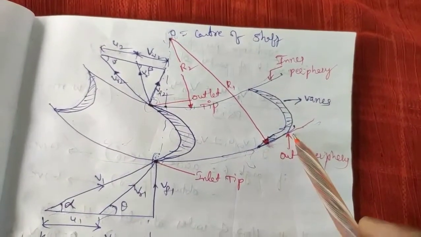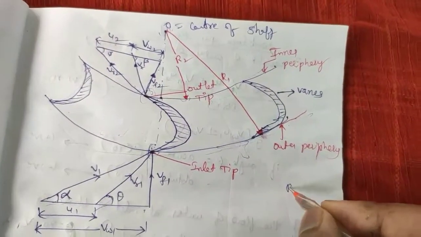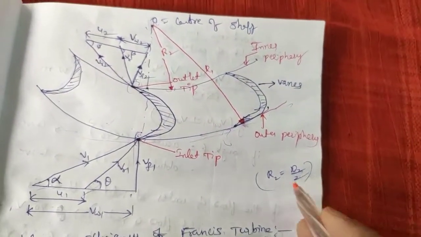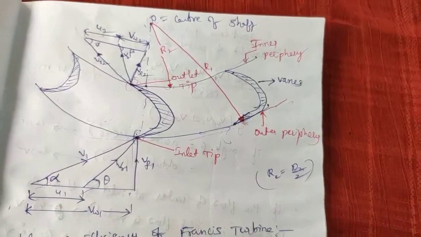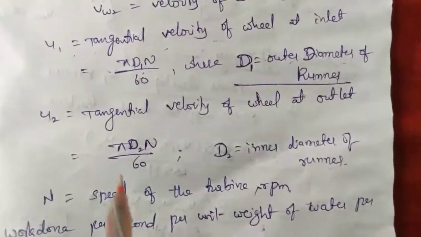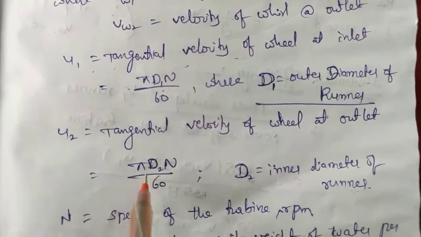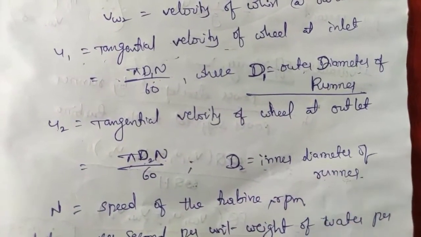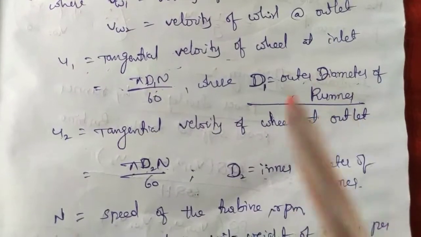So how to calculate the tangential velocity at outlet? R2 equals D2 by 2, half of the diameter gives the radius. In the same way, U2 equals pi D2 N by 60, D2 is the inner diameter of runner. These values are given in the problem.